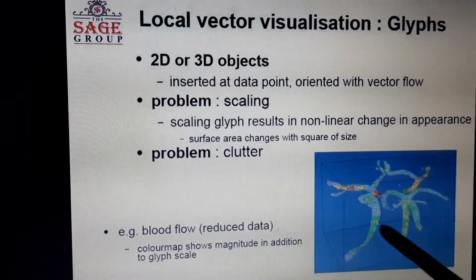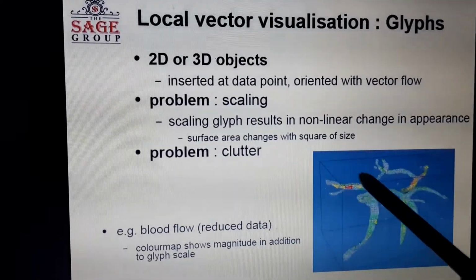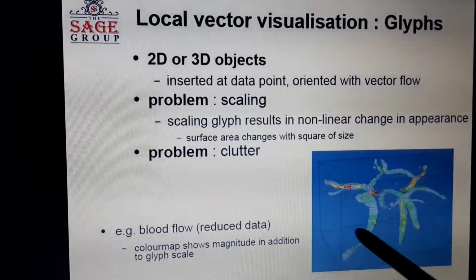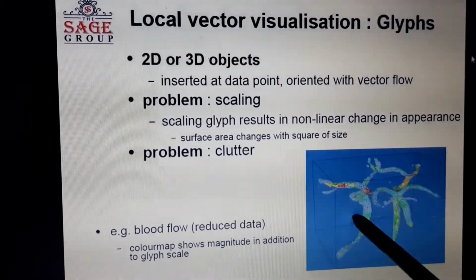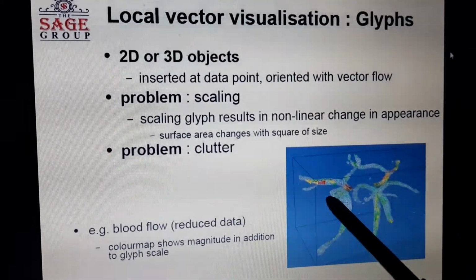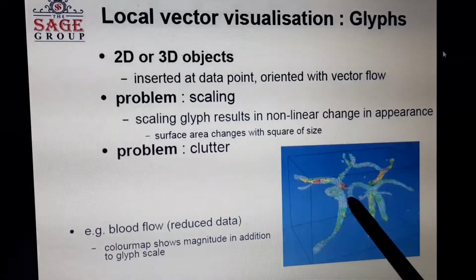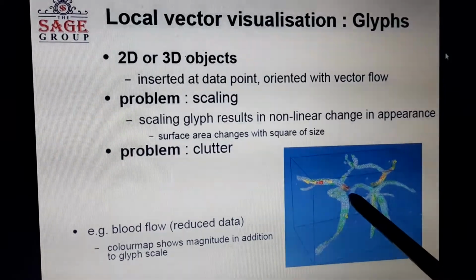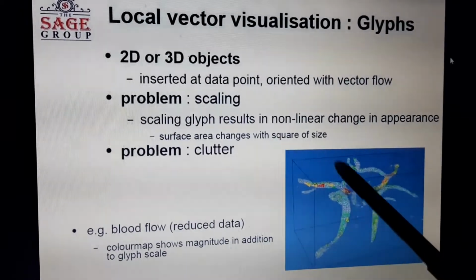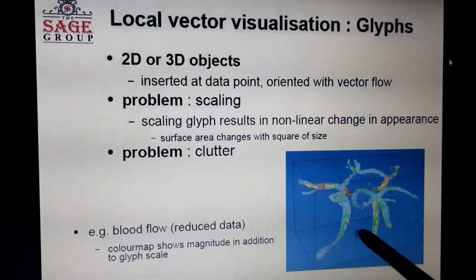Whatever the data object is, it can be 2D or 3D. But what is the problem? It changes the shape of the object, and scaling is also not possible. It changes the appearance of the object.